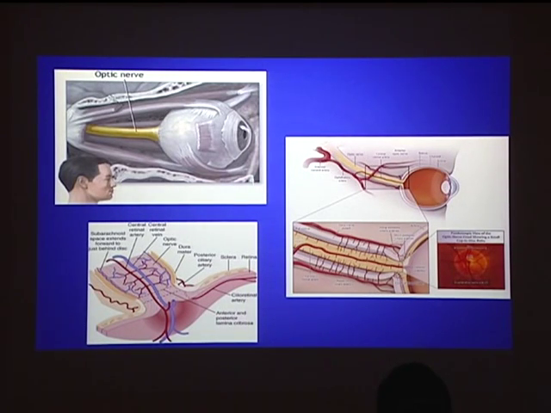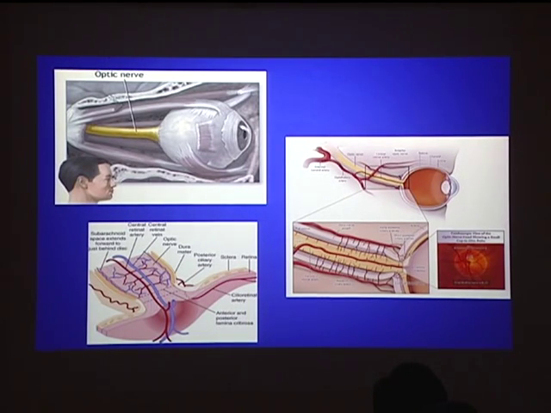These again are images to remind you how the different layers and structures are composed. And you see that the optic nerve itself is surrounded first by its internal and inner membrane, that is the pia mater.